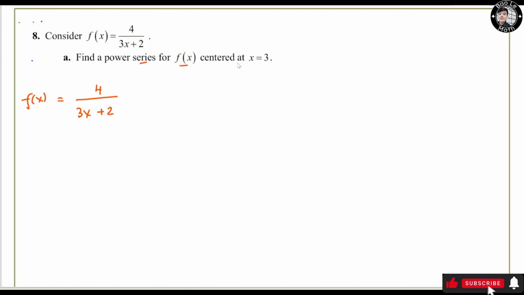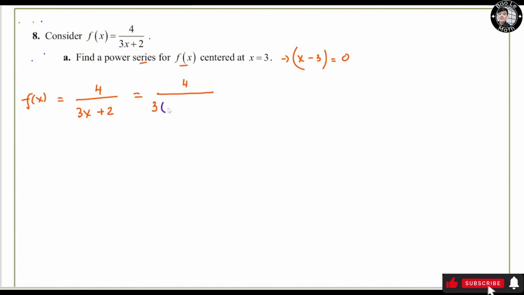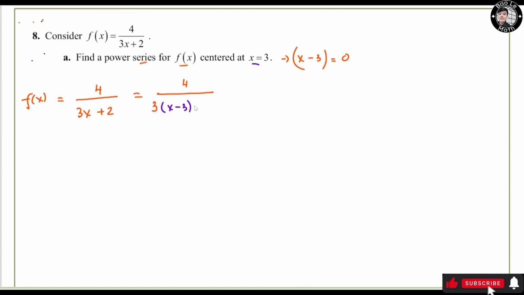I subtract 3 from both sides, so I have x minus 3 equal to 0. This is the factor, so I need it right here. I have 4 over 3, and instead of x, I put x minus 3, because the center is 3.